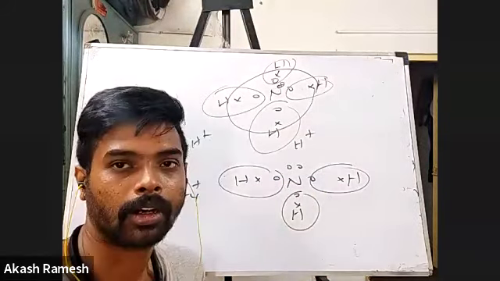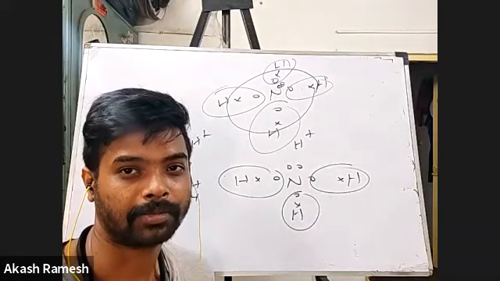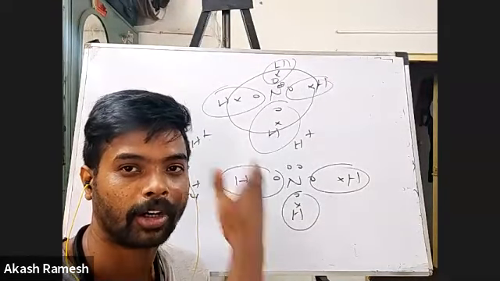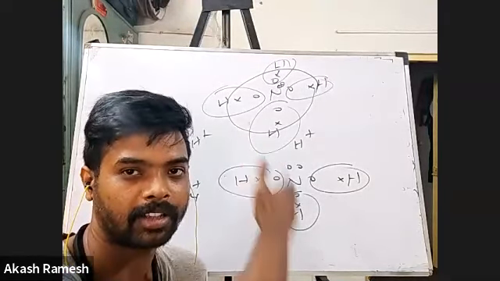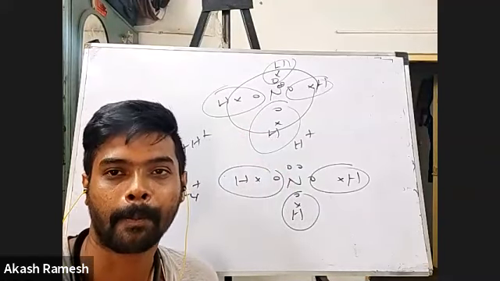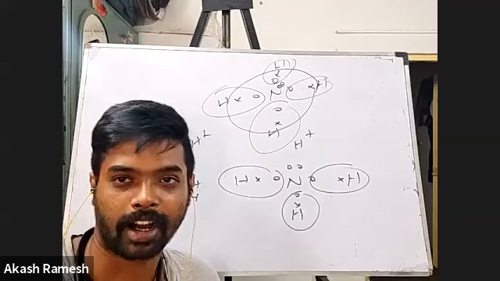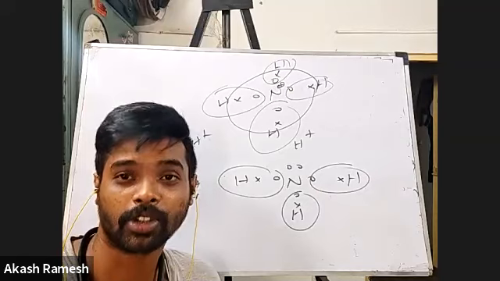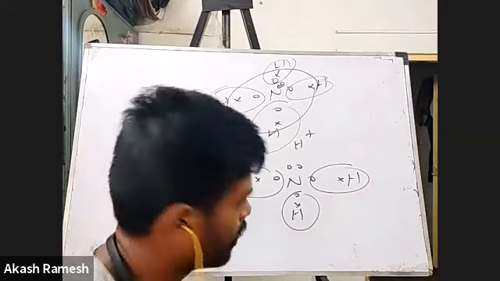Okay. What do you think is going to happen, guys? For the fourth, that is the H plus and the nitrogen, what is going to happen? A coordinate bond. Yes, that's the answer. So here it's going to be a coordinate bond, people.